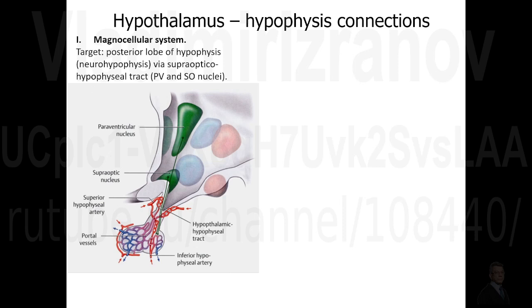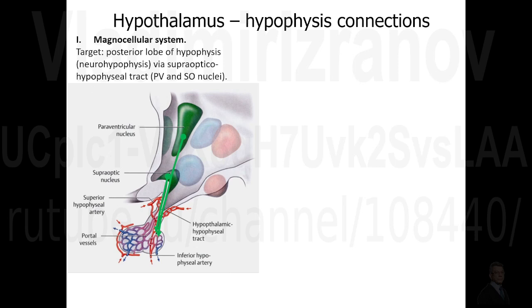Pituitary hormones are not synthesized in the posterior pituitary lobe, but in neurons located in the paraventricular nucleus and supraoptic nucleus of hypothalamus. They are transported by axons of the hypothalamic-hypophyseal tract to the neurohypophysis, where they are released as needed.